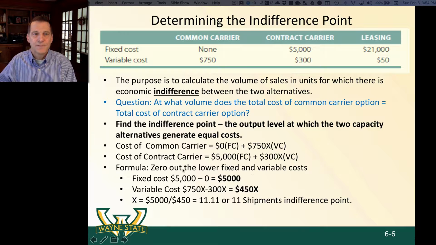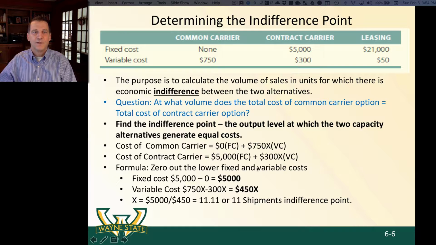The formula is to zero out the lower of the fixed and variable costs on each side and then divide to find the quantity. For fixed cost, we take 5,000 minus 0, which equals 5,000. For the variable cost, we take $750 minus the 300, which is 450.